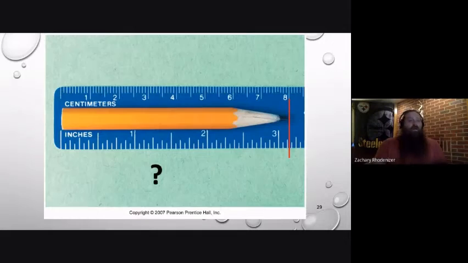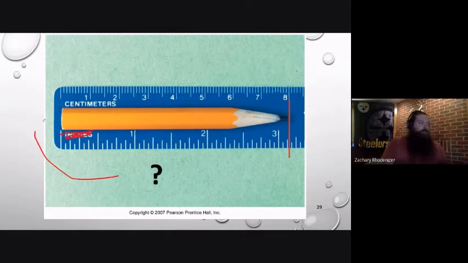Okay. What would this one be? All right, now remember, we're in science class. So we don't care about inches. We're looking at centimeters. All right, we use the metric system. So we're looking at the end of the pencil. We're right at 8. So do we say 8, 8.0, 8.00? All right, what do we do?